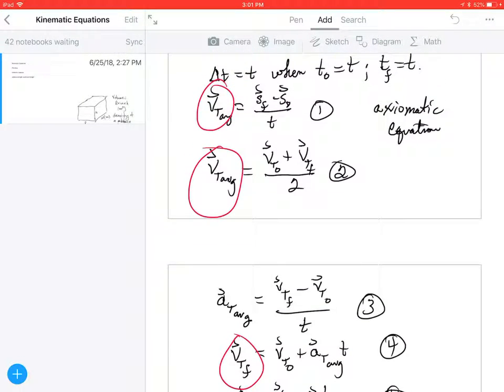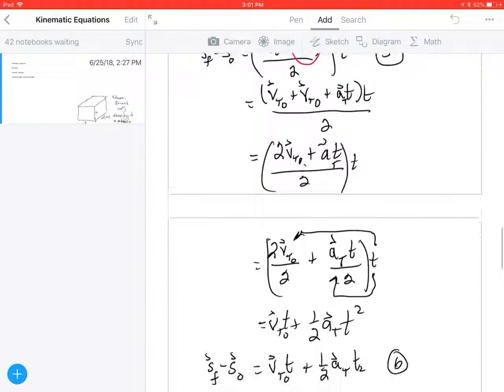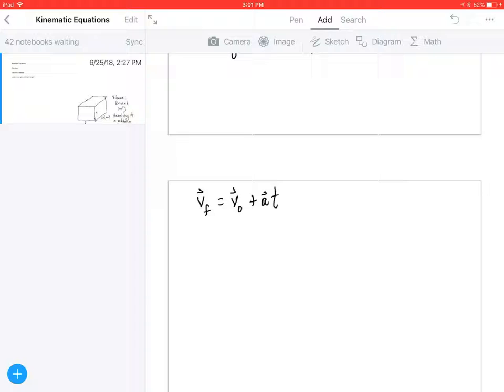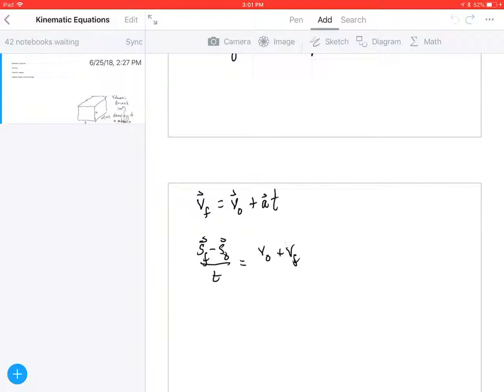The other form is when I equated both 1 and 2. So when I equate both 1 and 2, I am going to get S final minus S initial over t equals the initial velocity plus the final velocity over 2.